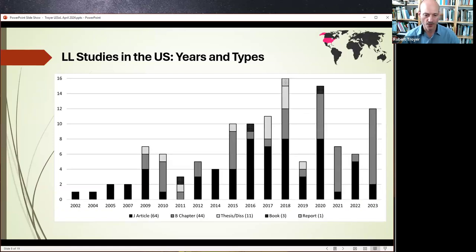And if we break this down by the types of publications, we can see that journal articles are the most common, and we've seen growth from 2015, 16, 17, 18, 20, and then in 2021, not many journal articles published on linguistic landscapes in the United States. I suspect that might be due to some COVID decrease, researchers not being out collecting so much data, but it came back up in 22.